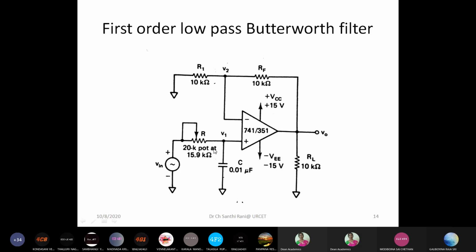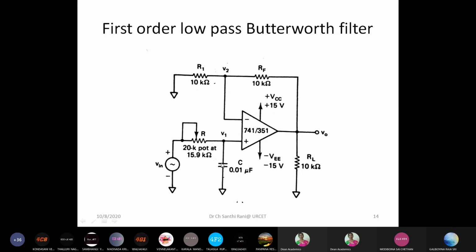You know that this filter is designed with RC components, so at the non-inverting input terminal, you are giving R and C. The only thing that you have to remember is that if it is a low pass filter, R is connected from the source, and after that the capacitor is connected. If you remember only this, that is sufficient.